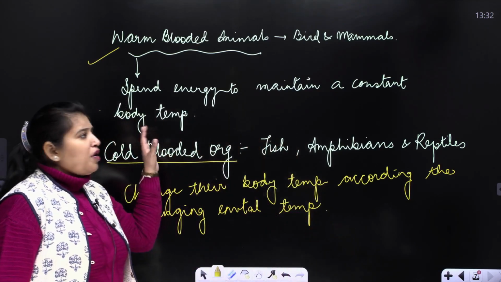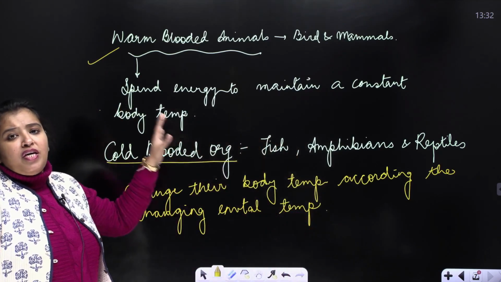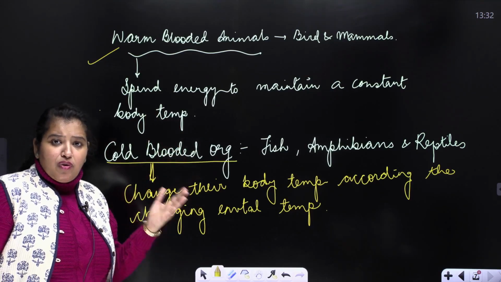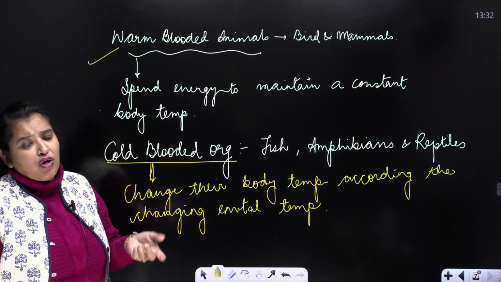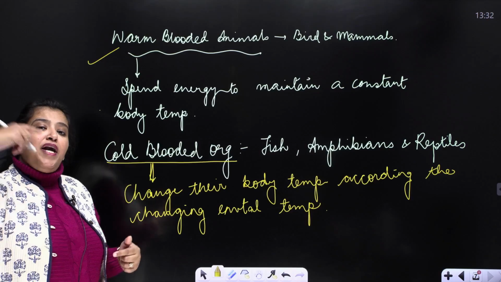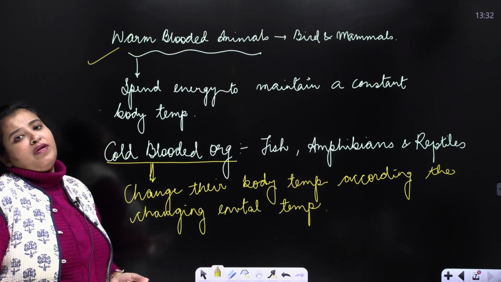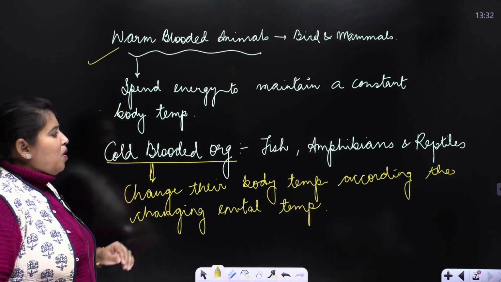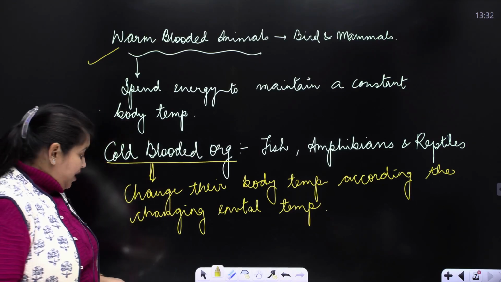And this constant body temperature helps to keep our body warm every time. That is the reason we feel cold during winters and hot during the summers, because we are maintaining a constant temperature and not adjusting to the environmental conditions. All right. So this is about the warm-blooded and the cold-blooded organisms.